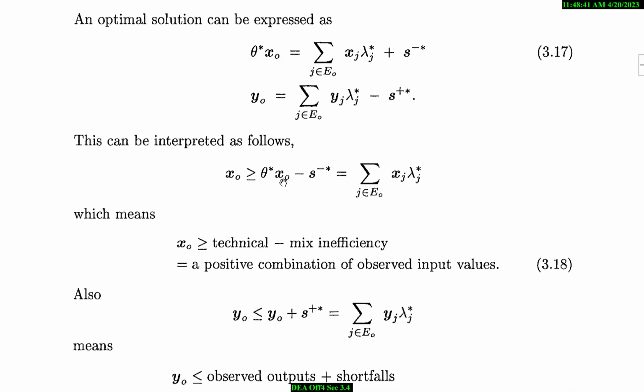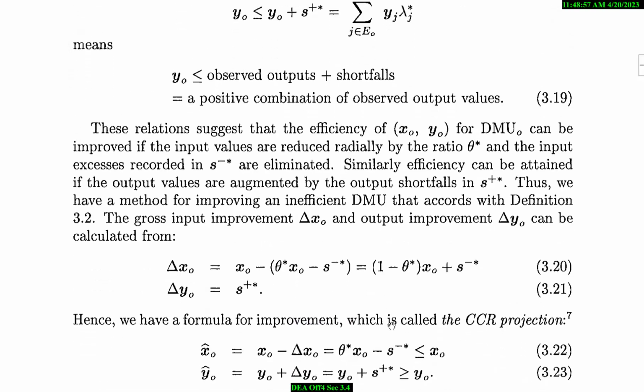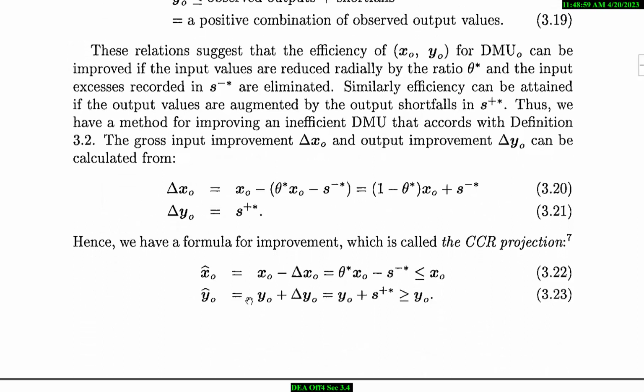This combination is the input projection of the inputs of DMUO, and the outputs are this, which is obtained by adding delta YO to YO.